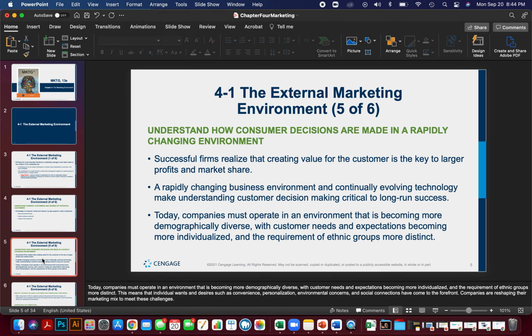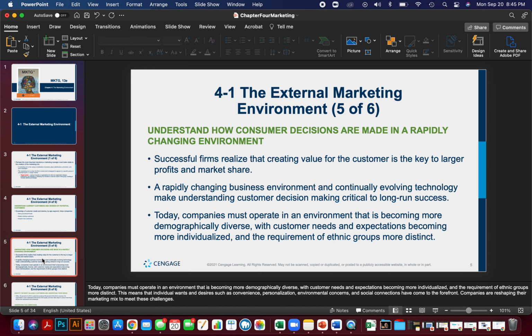Understanding how a consumer makes decisions in a rapidly changing environment is also important. Successful businesses realize that creating value for the customer is the key to larger profits and a bigger market share. A rapidly changing business environment and continually evolving technology makes understanding consumer decision-making critical to long-run success.